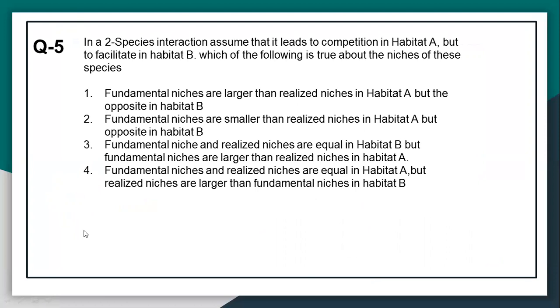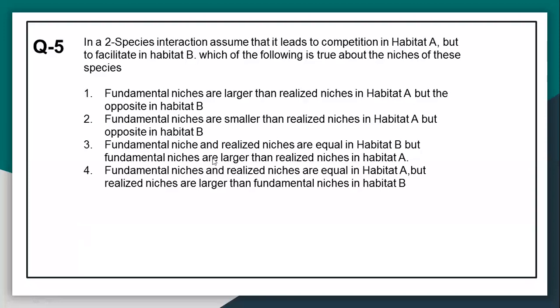You know that the fundamental niche is when the two species are without any competition, without negative interaction with each other, or without the presence of the other species, because the species negatively impact each other. That's why the niche is reduced when the other species is present. That is the realized niche.